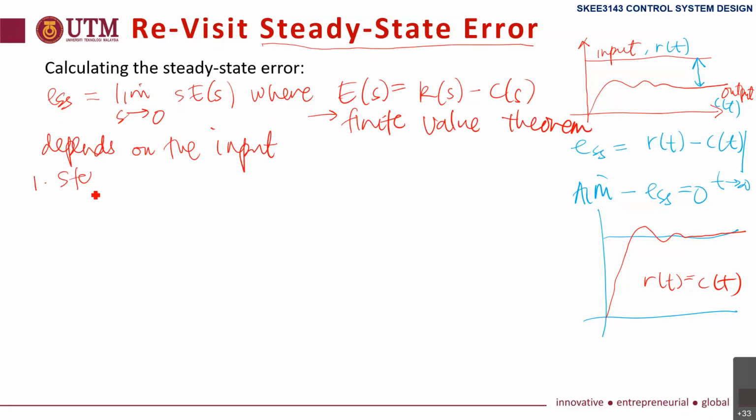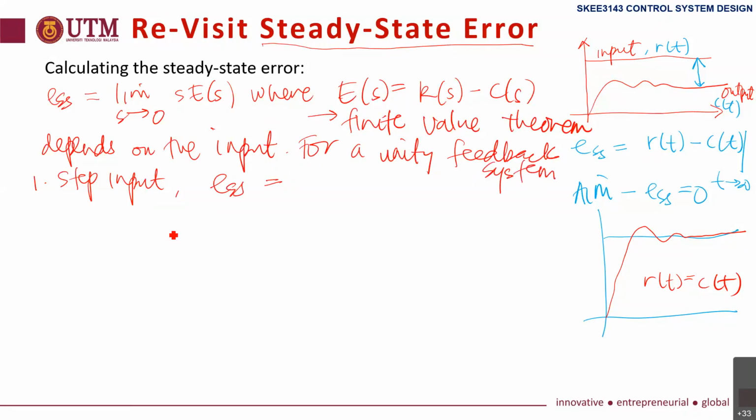The first one, step input. Sorry, I missed something. The error depends on the input for a unity feedback system. Now we focus on unity feedback system. They are also related to input.